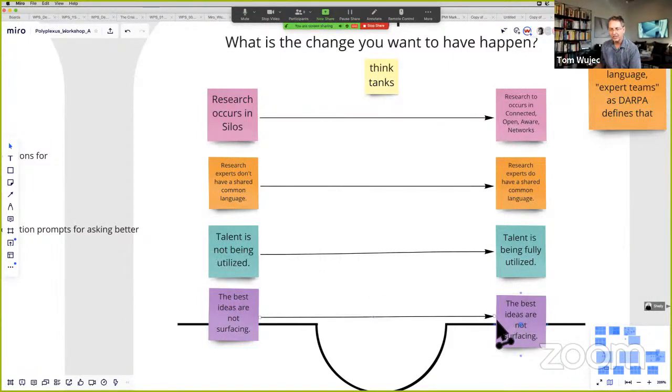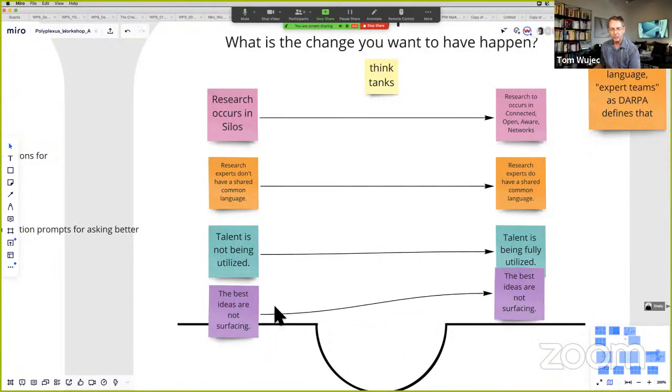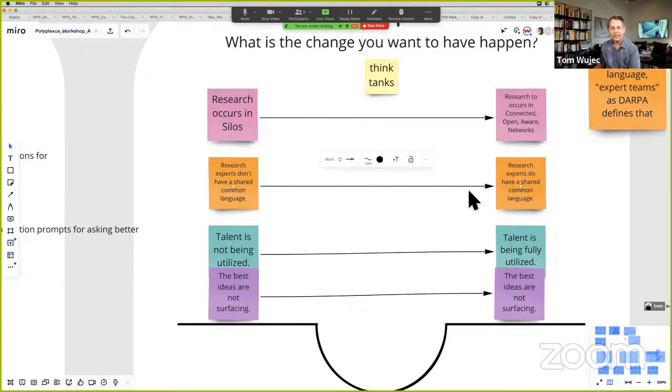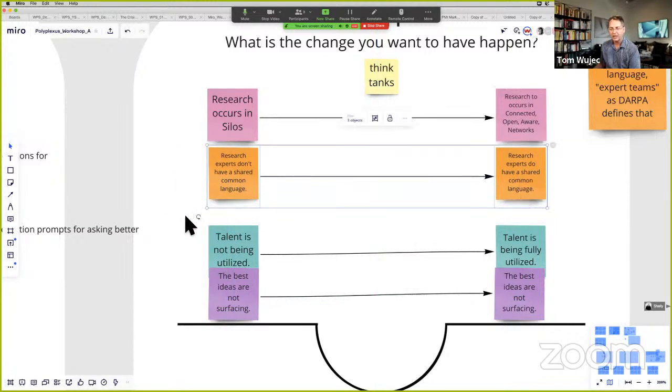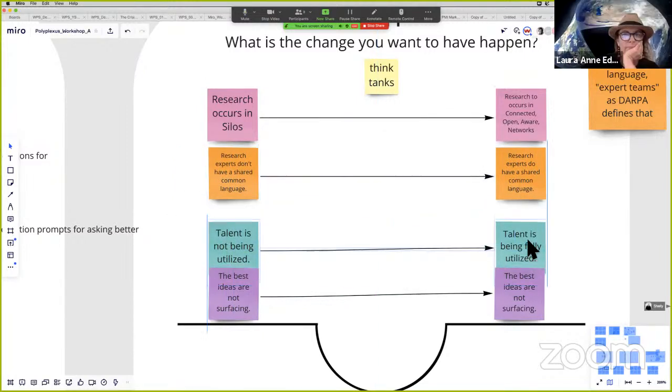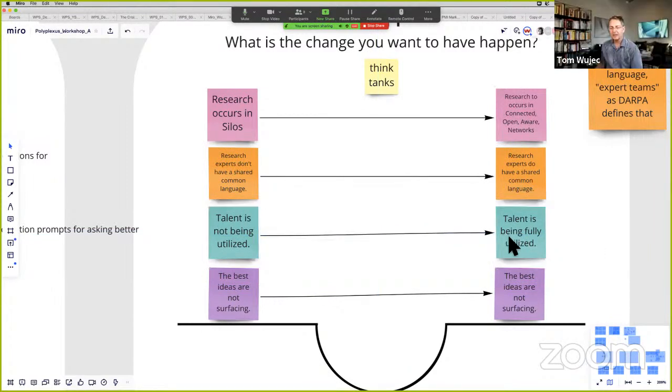And in Miro, there's this great little tool where you can create nodes. And so we can now begin to really clarify what's the problem you're really trying to solve here, and put it into a form that accurately describes the situation.